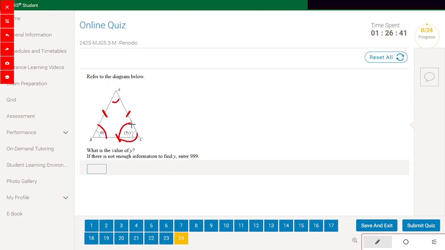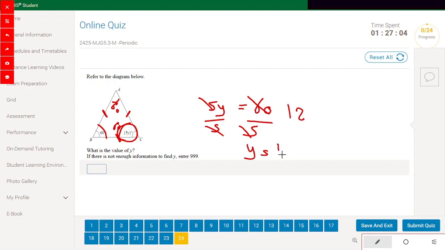So that means 5y, which is angle C, will equal 60. Because this is an equilateral triangle, this is 60, this will be 60, this also will be 60. So 5y equals 60. So divide by 5, divide by 5, so y will be equal to 12. So the answer here is 12.